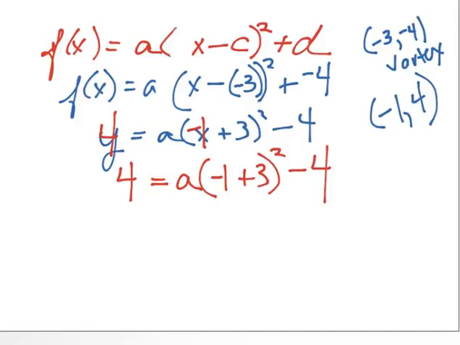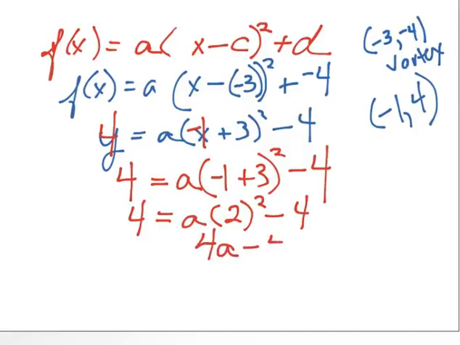Let's just solve this equation. What is -1 plus 3? Well, that is 2. We'll go nice and slow and do one step at a time. Well, what is 2 squared? 2 squared is 4. So we have 4a. I'm going to write the a after it because that's what we like in our head, isn't it? Okay, now we're all the way back to Algebra 1.